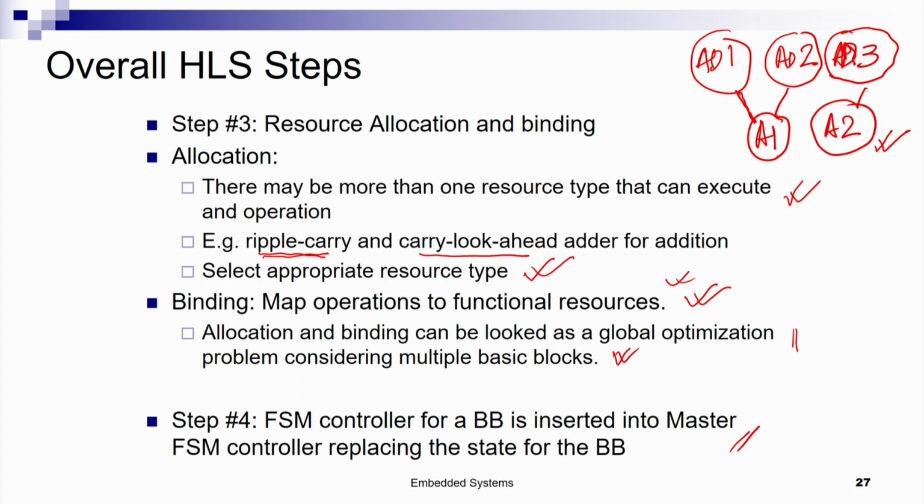So, for this particular basic block, to excite different control signals at different time steps and to appropriately conduct the data transfer operations in this basic block, we have generated an FSM controller. This FSM controller is essentially the controller for this basic block, and it will be replaced corresponding to the overall node of the master controller.